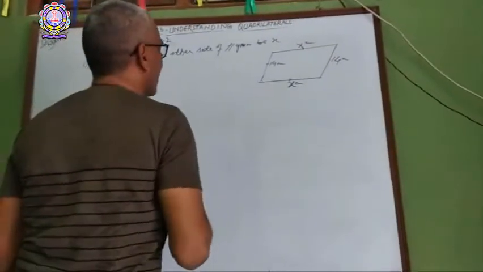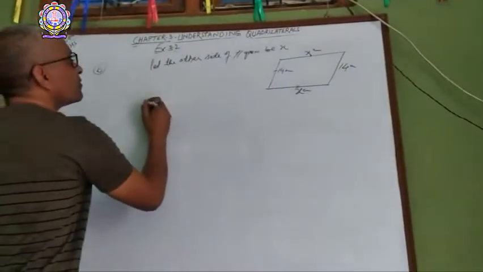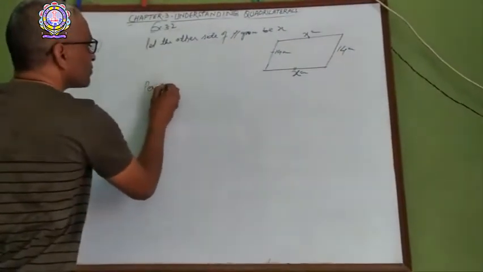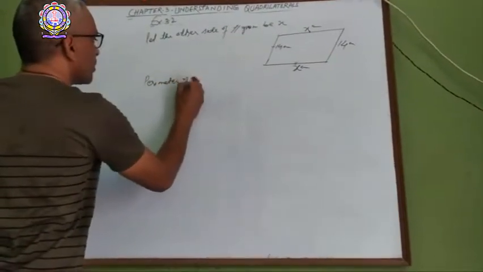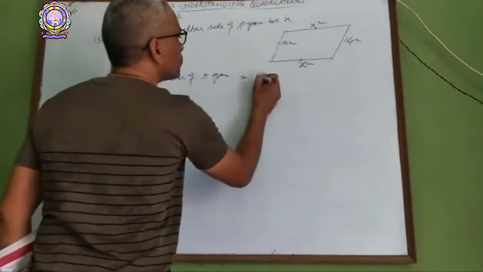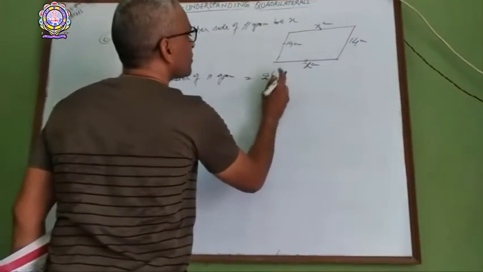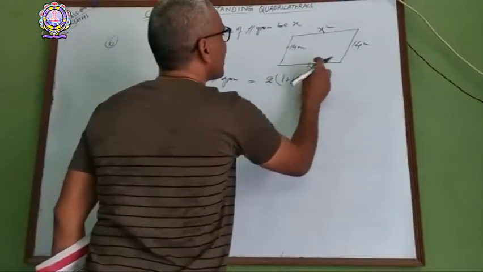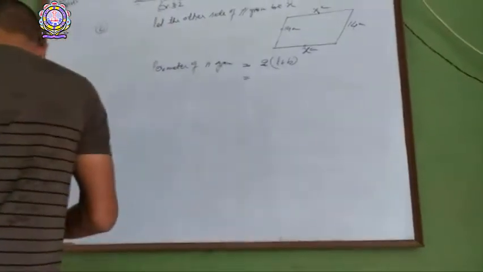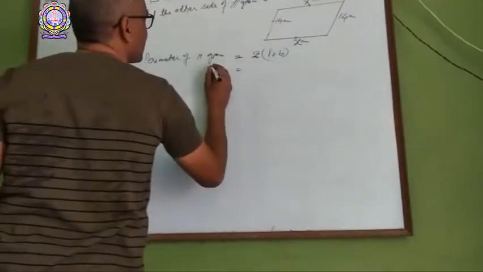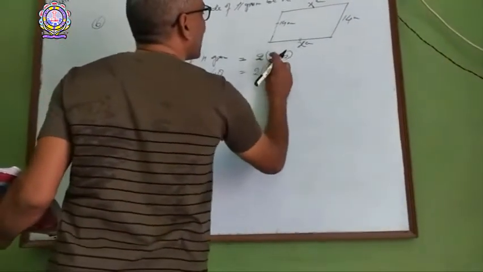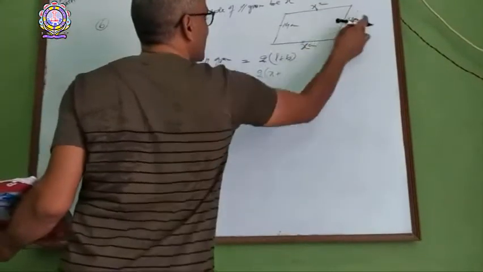Perimeter of parallelogram must be equal to 2 bracket L plus B. L is the length of this parallelogram and rectangle. This is the 48 perimeter of parallelogram, and 2 into L is x and B is 14.